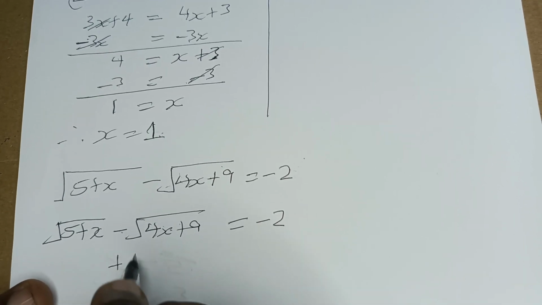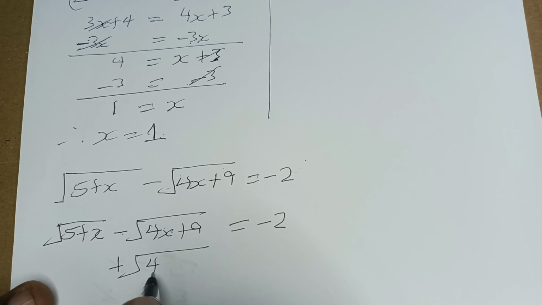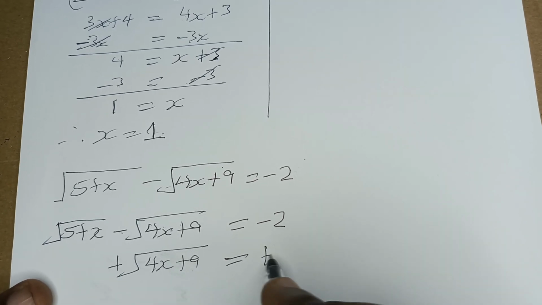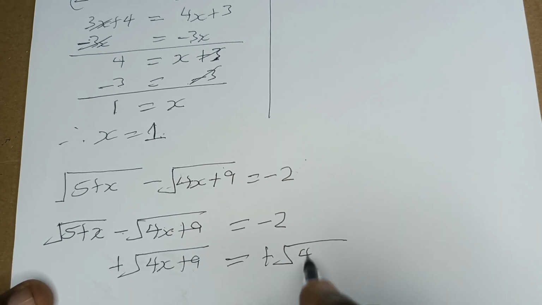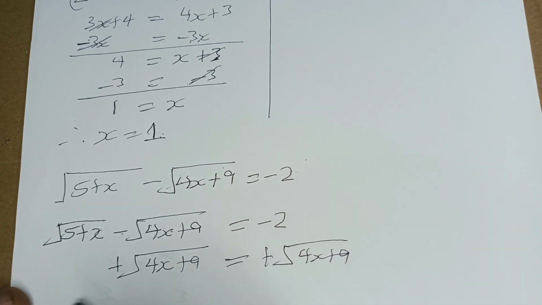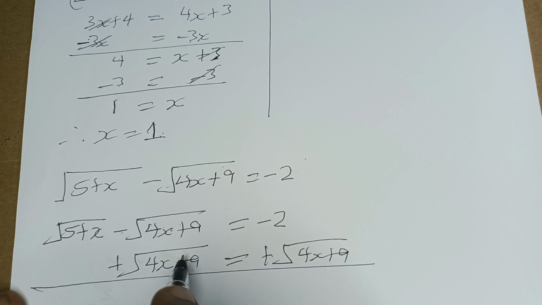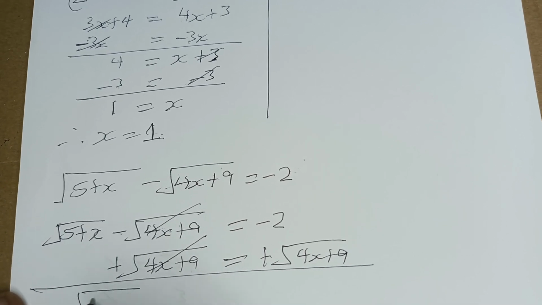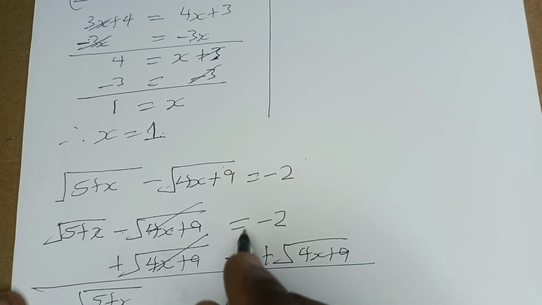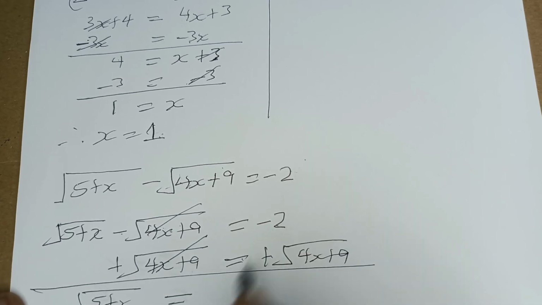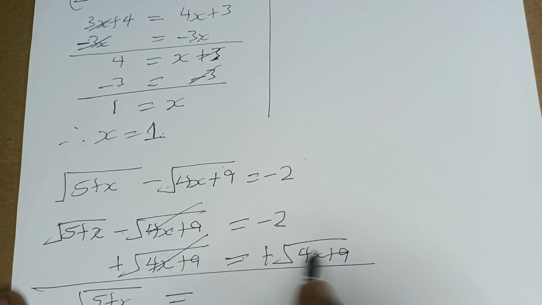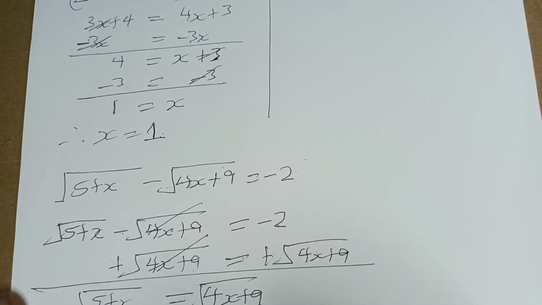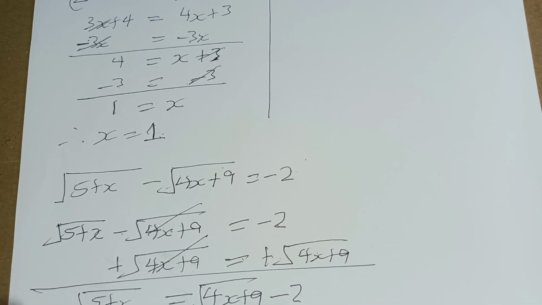You have to say plus root of 4x plus 9 on both sides. So in the actual sense, this cancels this, and we are having root of 5 plus x is equal to root of 4x plus 9 minus 2.